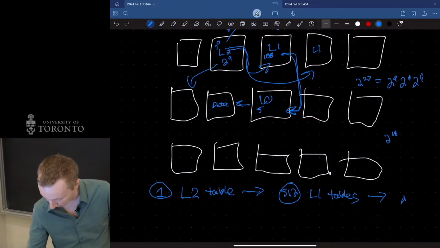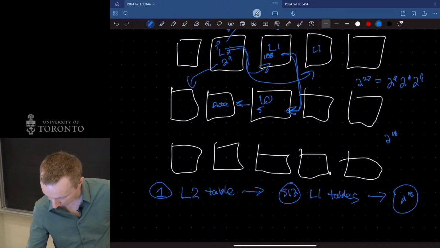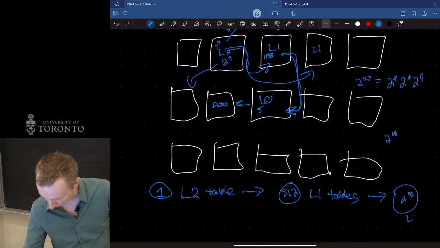So you can have 2 to the 18 different L0 tables.